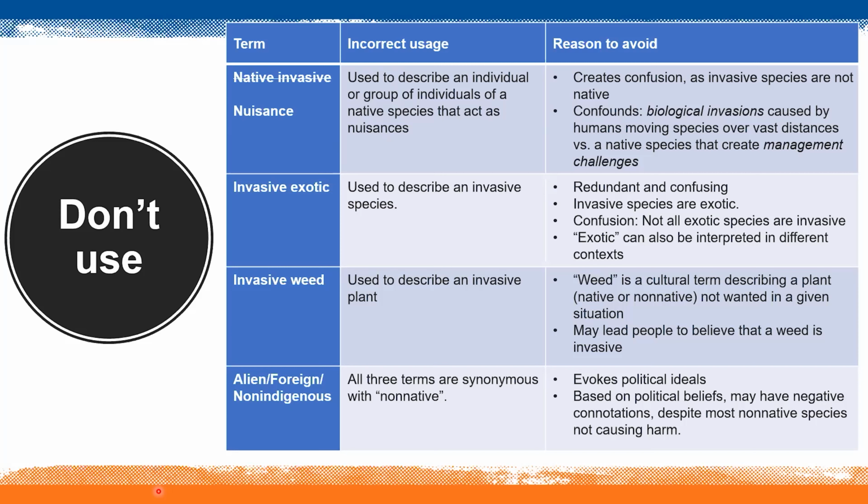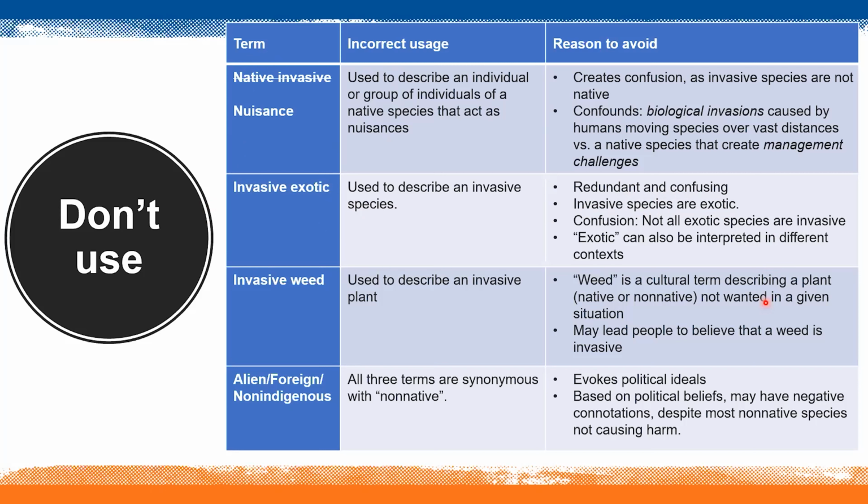Now, the next term that we argue that we should not be using is invasive exotic. And we hear that used a lot. The committee members heard that used a lot. And the reason we want to shy away from this is because it's used to describe an invasive species. Well, it's redundant and confusing, okay? It's just redundant. Invasive species are exotic by definition. And also it creates confusion because not all exotic species are invasive.